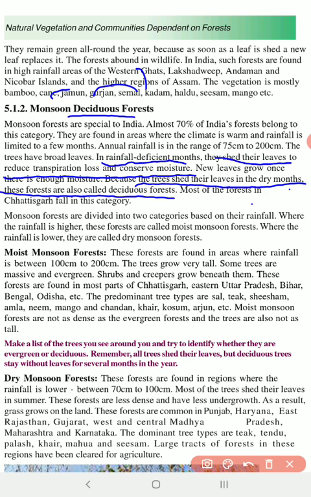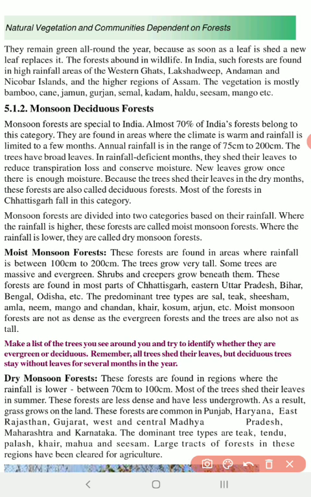Now, these monsoon deciduous forests are divided into two categories. The first one is the moist monsoon forest, when the monsoon brings so much rain. As opposed to that, when the monsoon brings less rain and the rainfall is lower, we call it a dry monsoon forest.